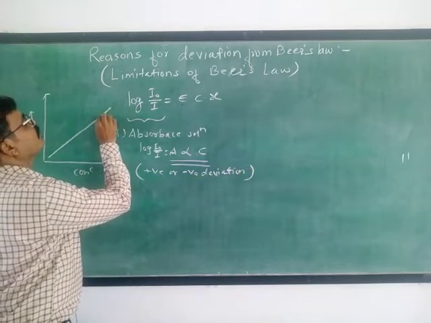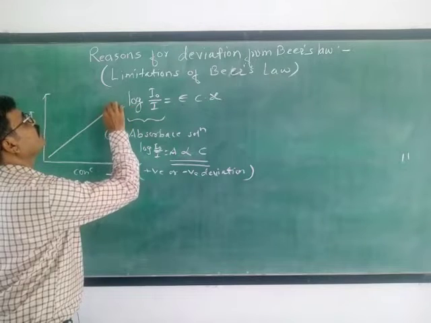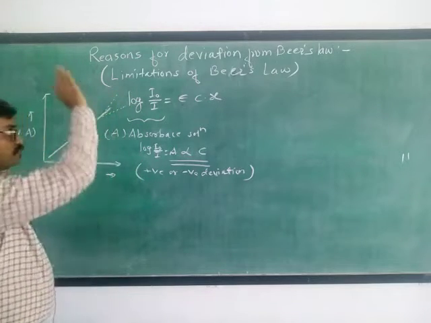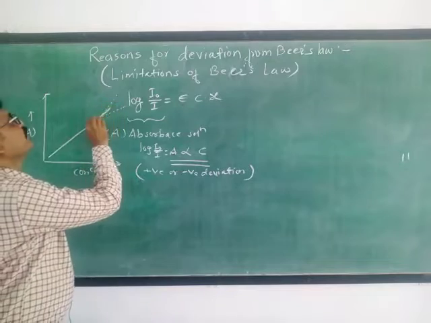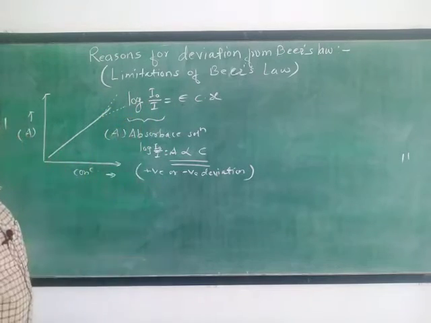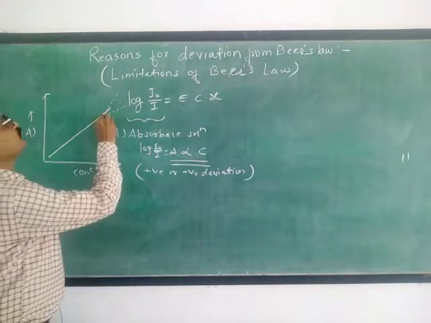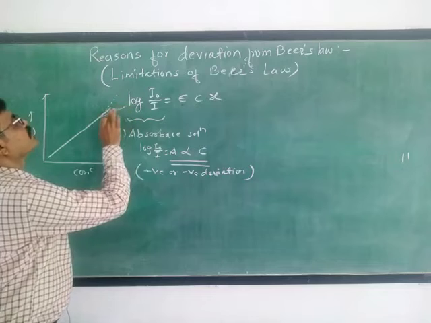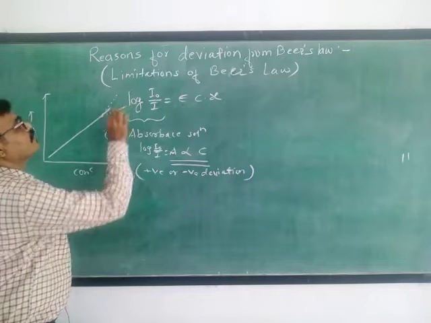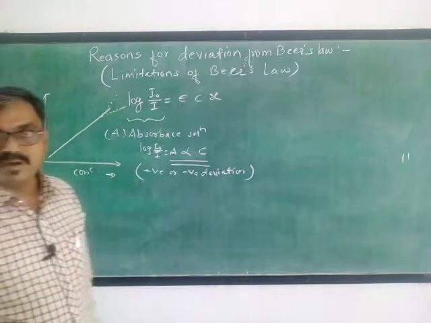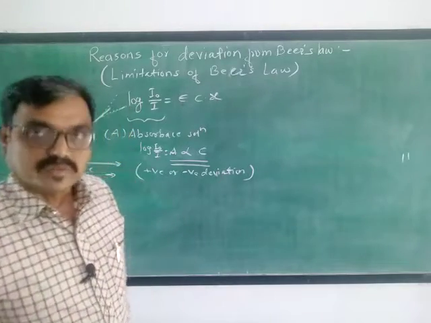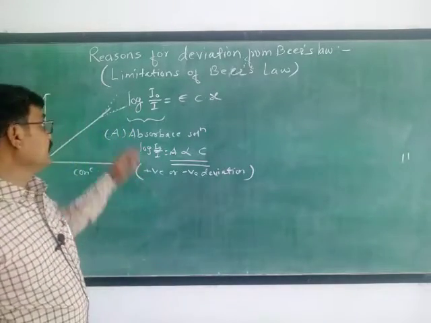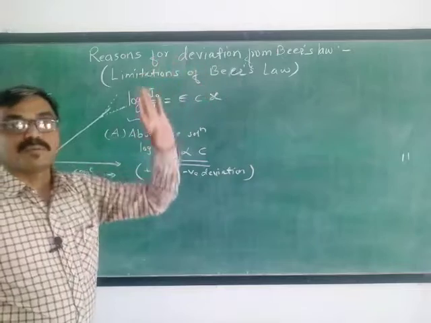The observed value may be in this way or in this way. Positive deviation means above this straight line, negative deviation means below this straight line. Today we have to see the reasons for the deviation from Beer's law.